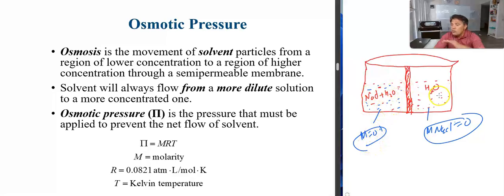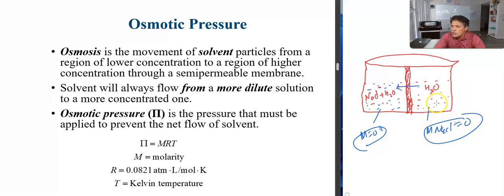So the solvent will move from lower concentration to higher concentration because of the attraction, through the semi-permeable membrane. It has the pores and the water will pass through, from lower concentration to higher concentration.